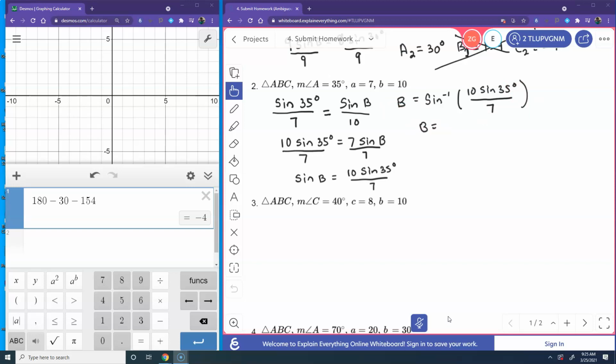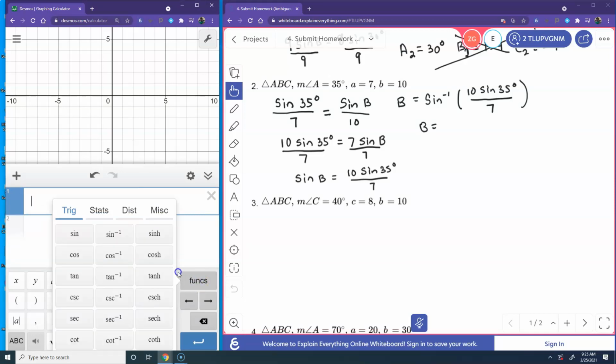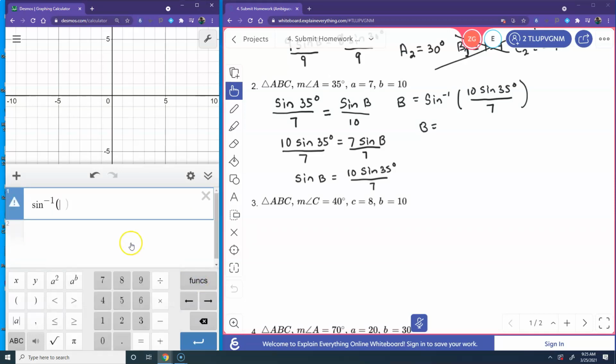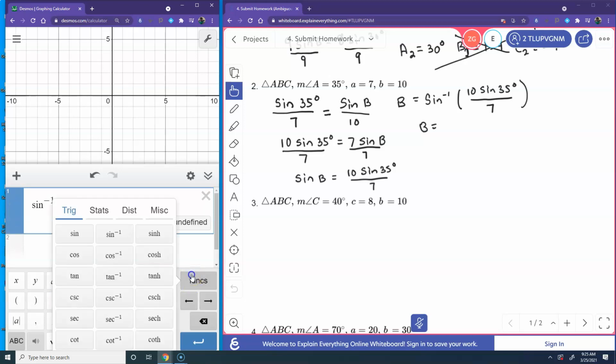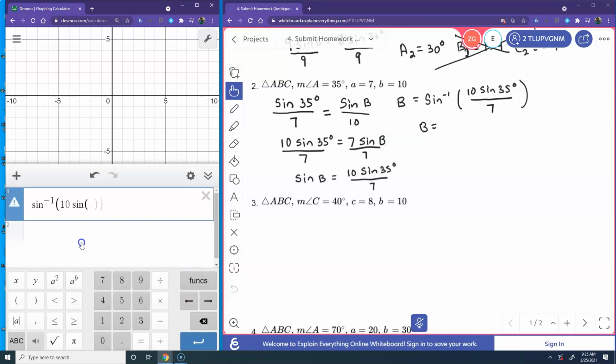And that's what we're looking for. So let's go ahead and use our calculator. You go to the bottom of Desmos, go to the functions, and we're going to go to inverse sine. Type in 10 function sine of 35 degrees.